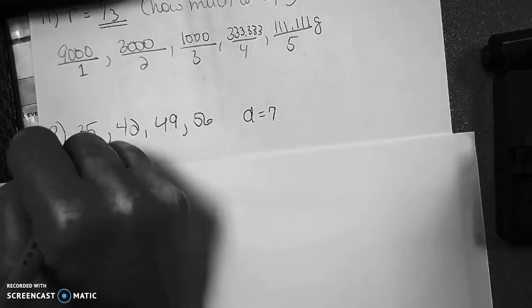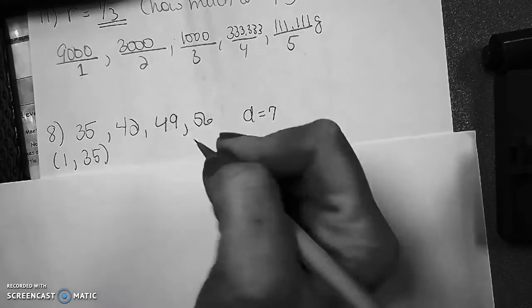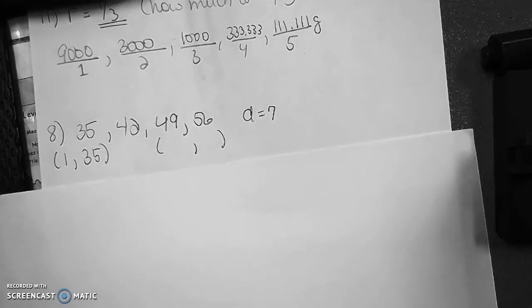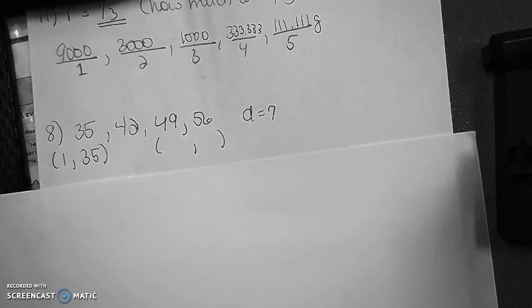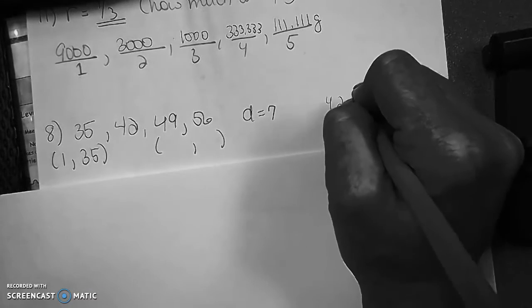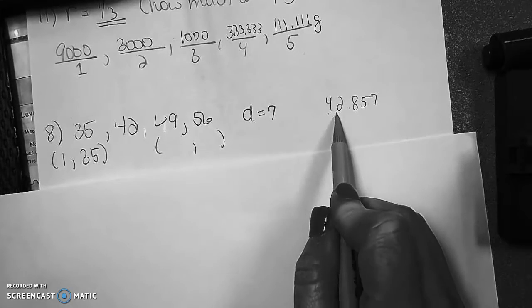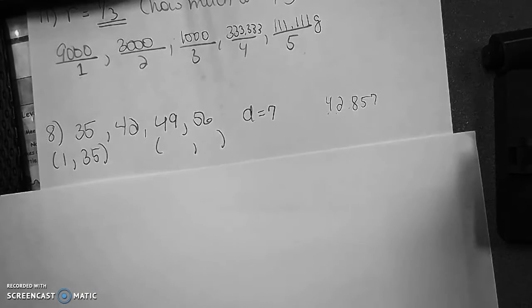So I know that a sub 1 is 35. And I'm really needing to figure out what that last multiple is before 300. One of the things I did is I just took 300 and divided it by 7. And when I did that, I got 42.857. What this means is that 42 will go in evenly. I need to figure out what that term is.